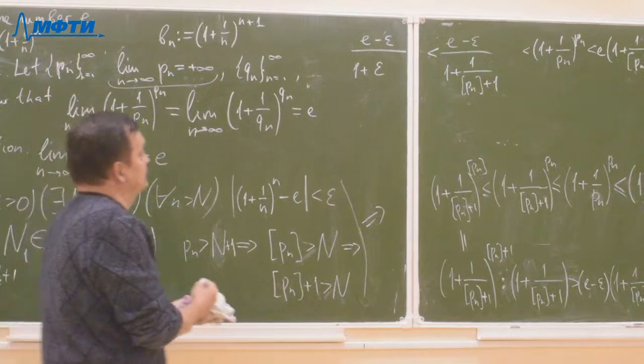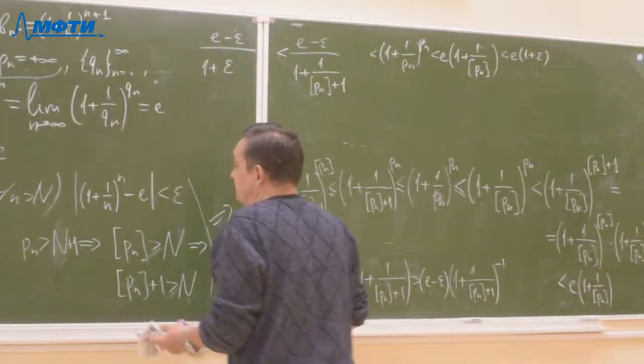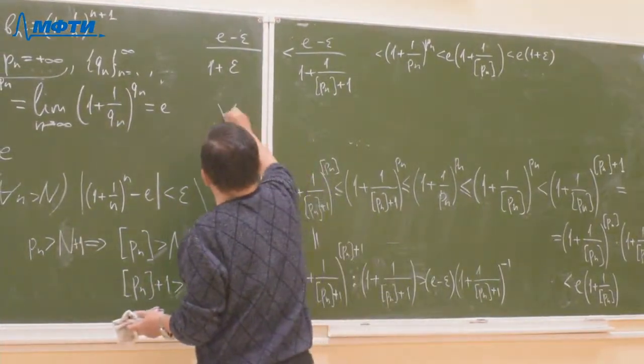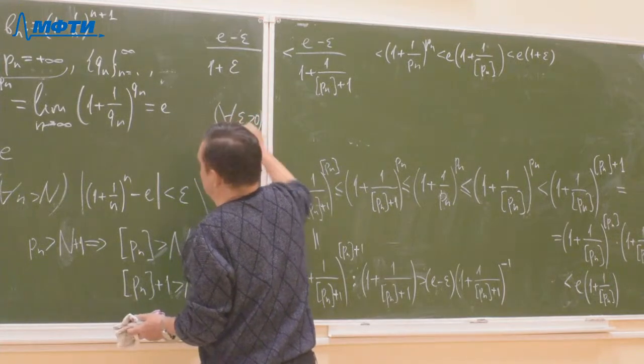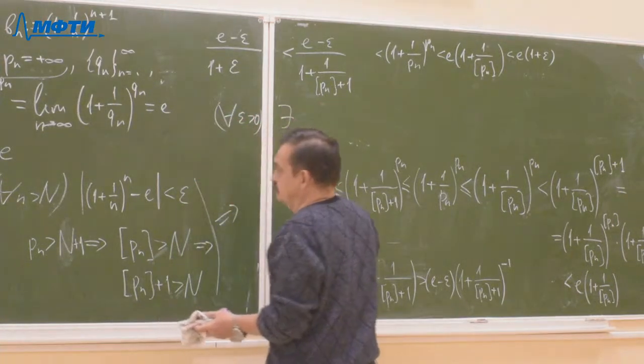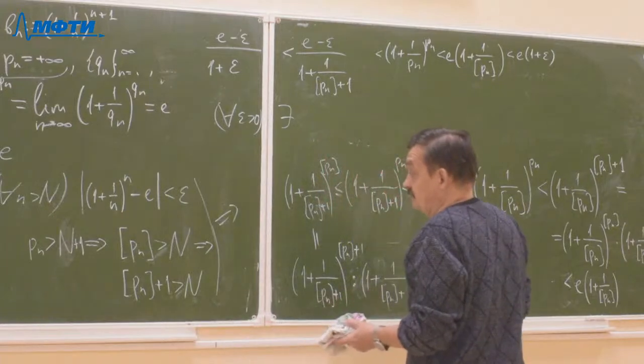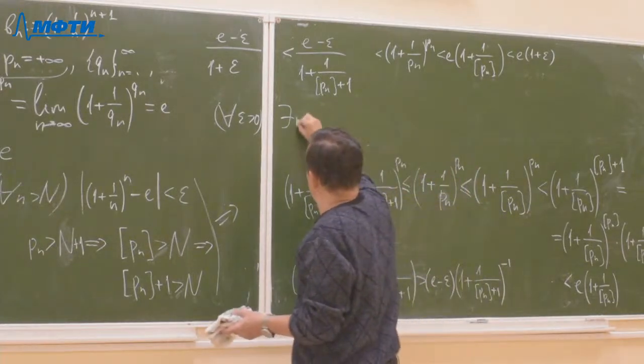So let me write down what we obtain. For arbitrary epsilon greater than 0, we have found a number, namely which number?